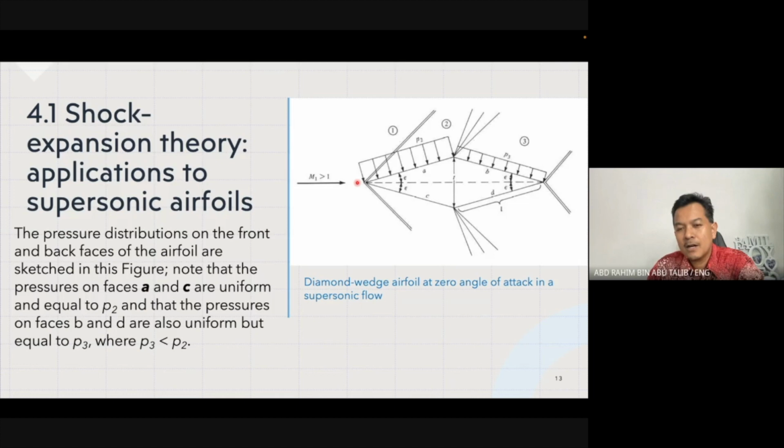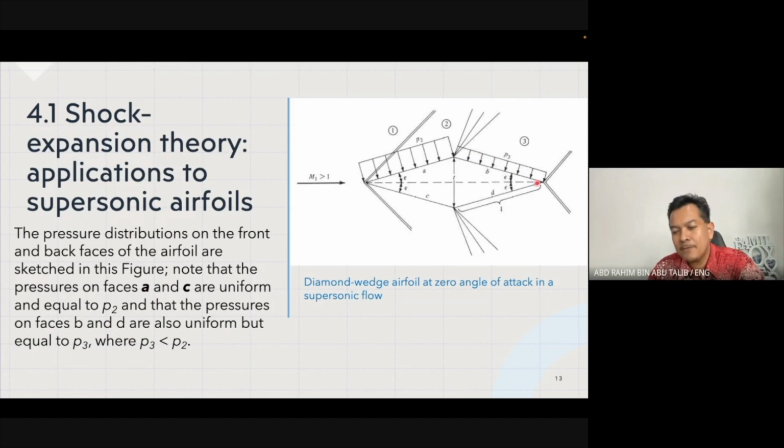So the flow going over the top surface A and the flow going across face C will experience the same pressure value, P2. A and C are the same. And on faces B and D behind the diamond wedge airfoil, the pressure is also uniform but equal to P3.